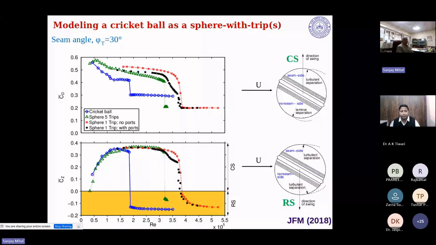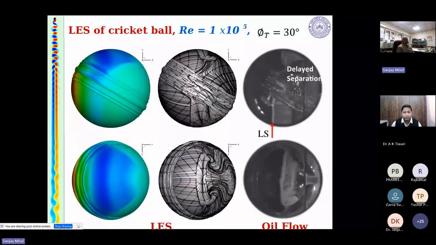Okay, so I wanted to show you that we did experiments. The third panel that you see here is from the oil flow visualization. This is at a Reynolds number of 10 to the fifth. You get this very nice flow structure, which is reminiscent of the laminar separation bubble.